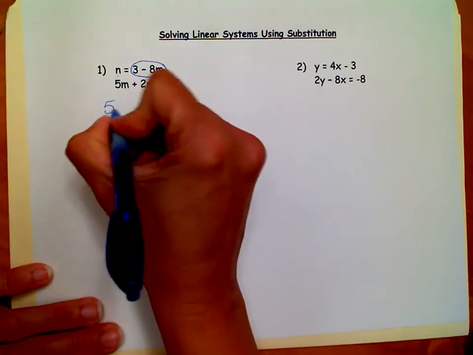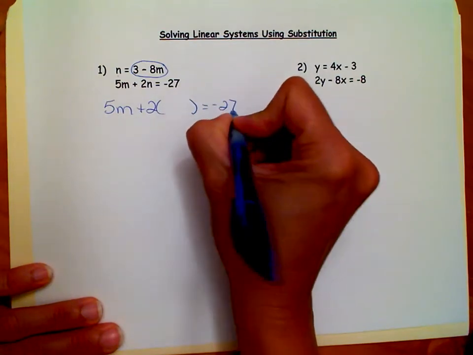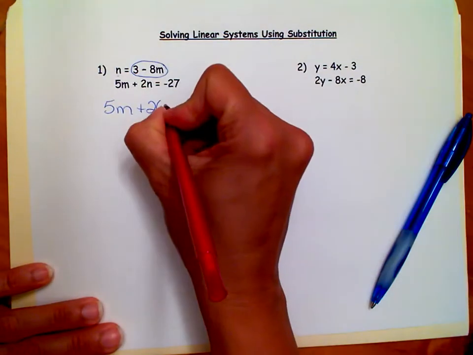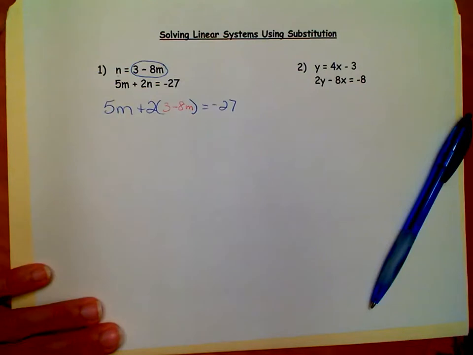So what I like to do is write down the equation, but not n. So I didn't write n down, and now I'm going to make a substitution. I'm going to put in for n what n is. So n is 3 minus 8m, and then I'm going to simplify.